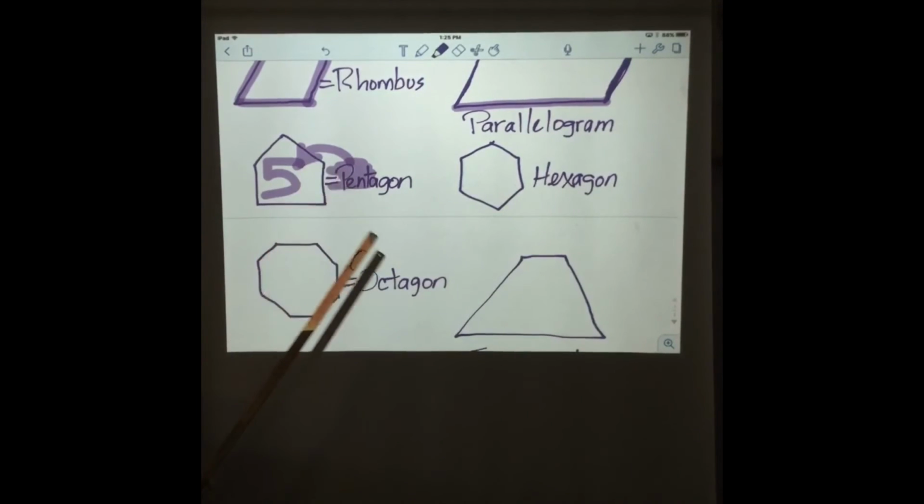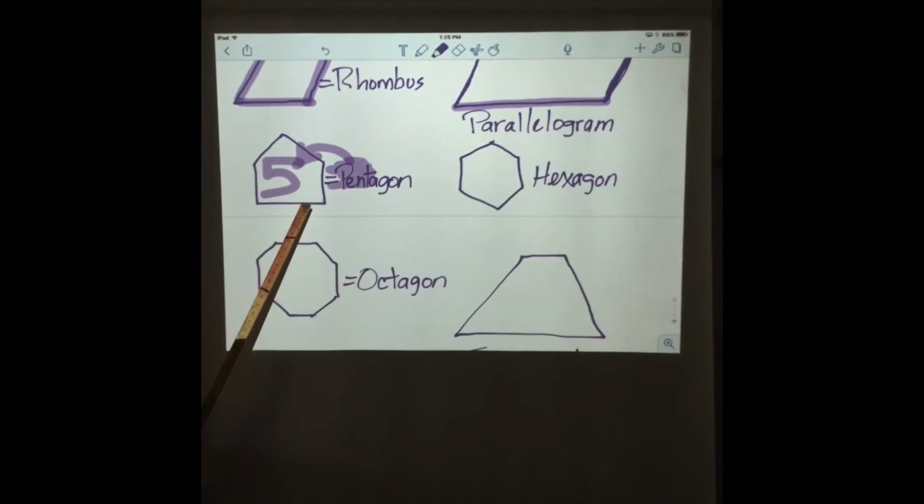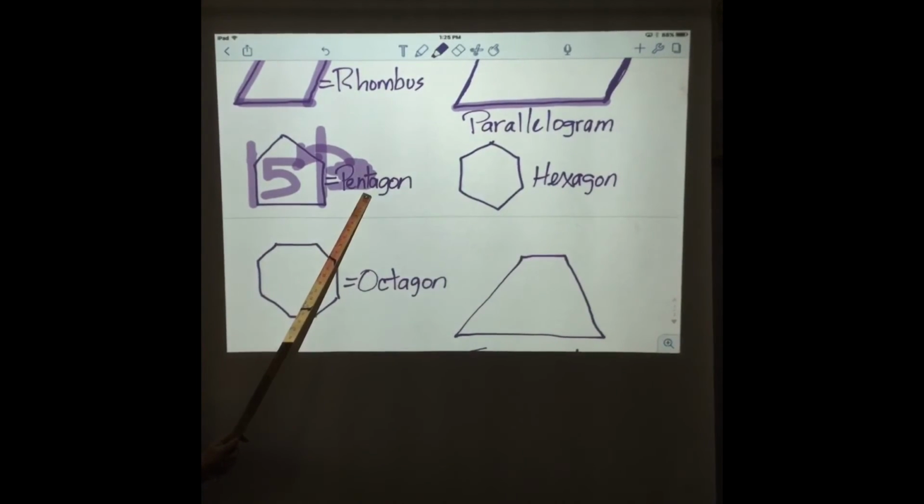Well, it wouldn't be four-sided, would it? Is it a polygon? Yes, it's got many sides. Is it a parallelogram? It is, because of these two sides right here. This side is parallel with that one, so it's a parallelogram.